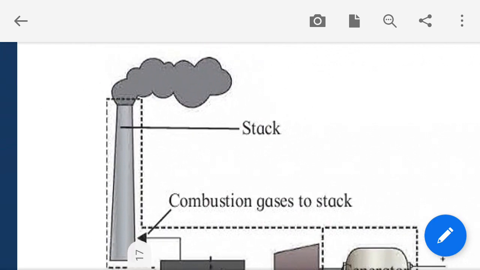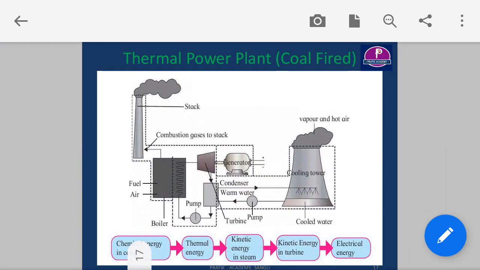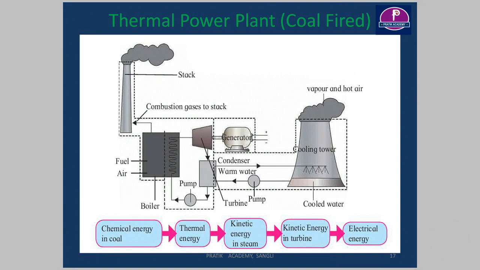This is the basic idea of a coal fired thermal power plant. I think there are n number of videos which explain the working of a thermal power plant. I suggest you watch such videos. During offline classes we will show you some videos available with us.